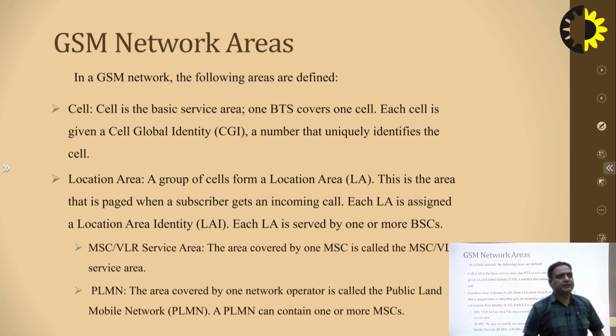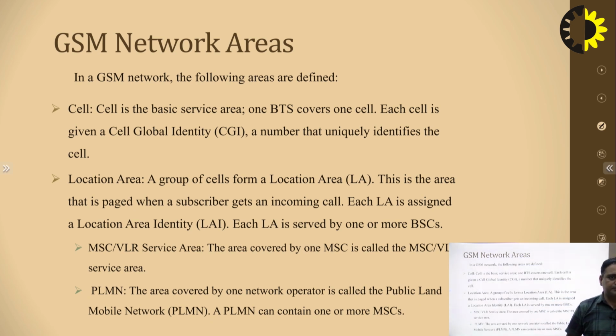Next, GSM network area: the cell. There are some key parameters which we are discussing in the GSM overview. Cell is the basic service area. One BTS covers one cell.